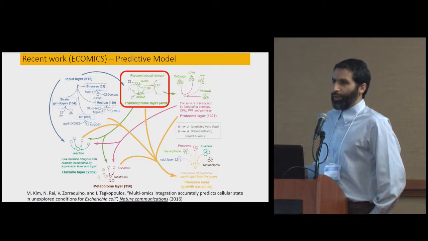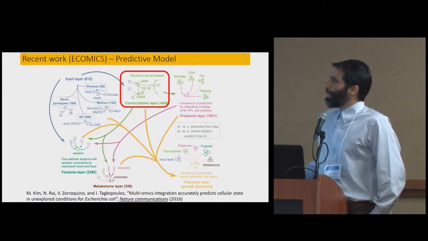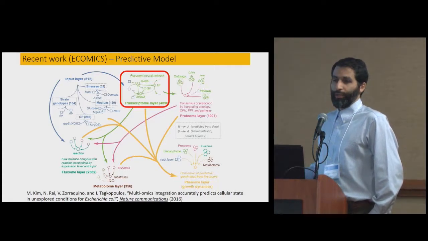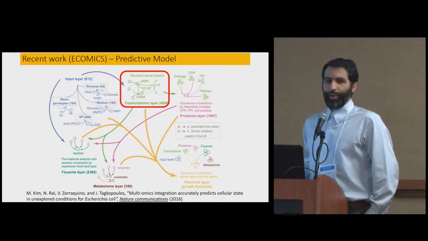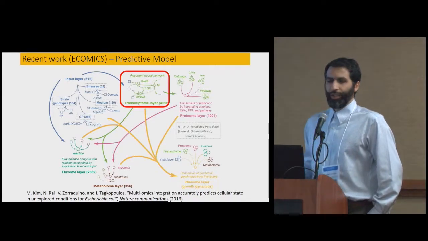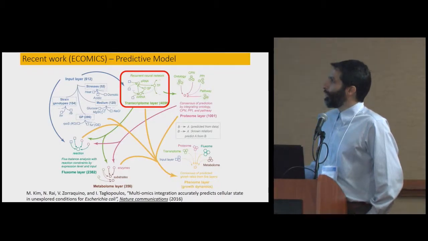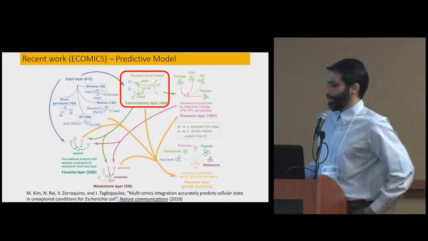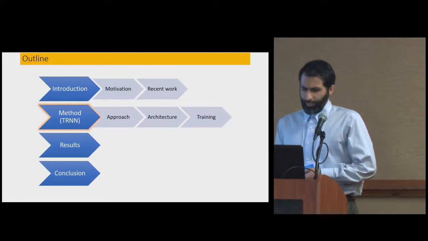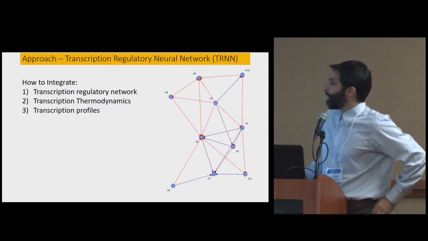This is, in all the system in E. coli, the part for which we have the most amount of data. For the rest of the system, we have data here and there. For transcriptomics, this is where you can bet on if you can do something. Let's start here. So next I'm going to talk about how we approach this.